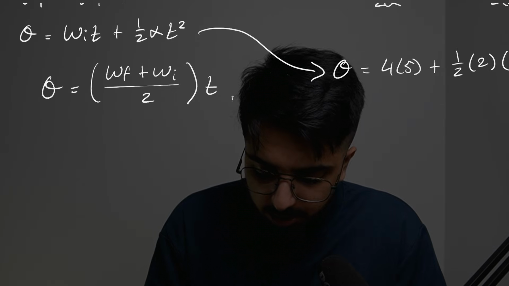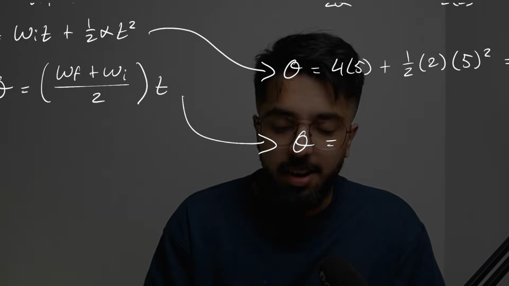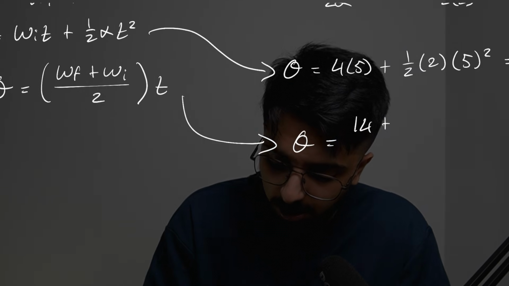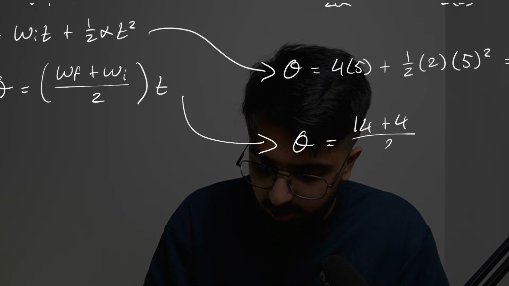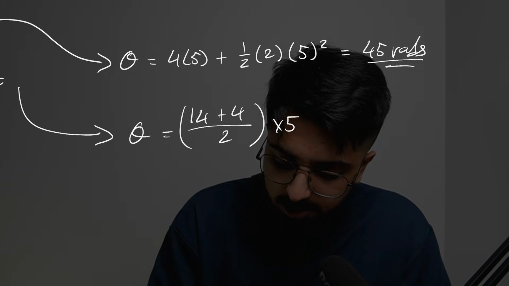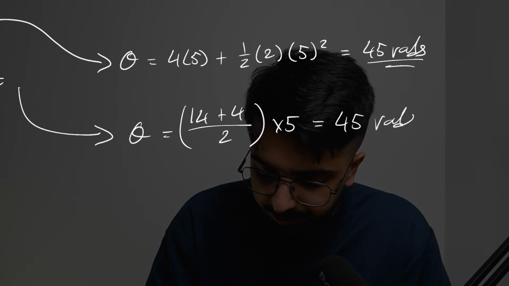And for our last equation right here, our theta is equal to our final angular velocity of 14 plus our initial angular velocity of 4, all over 2, times our time of 5 seconds. And this indeed gives us a value of 45 radians.